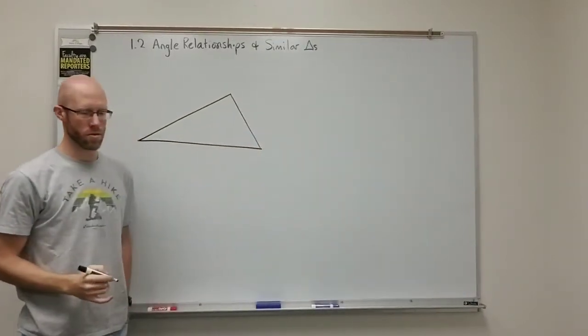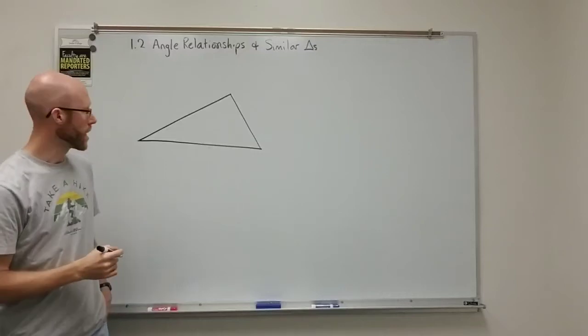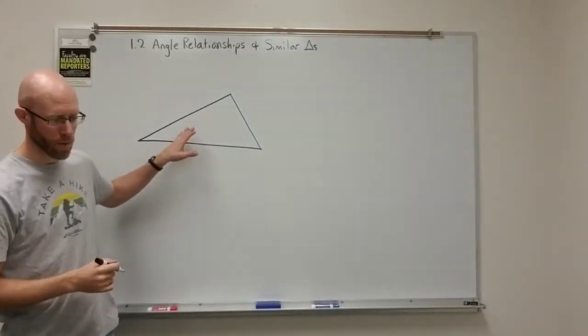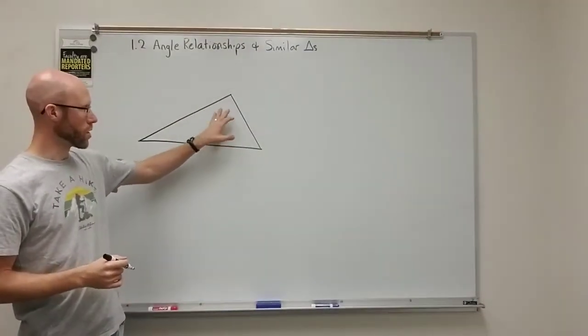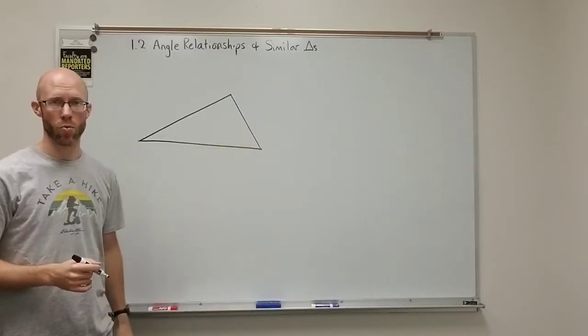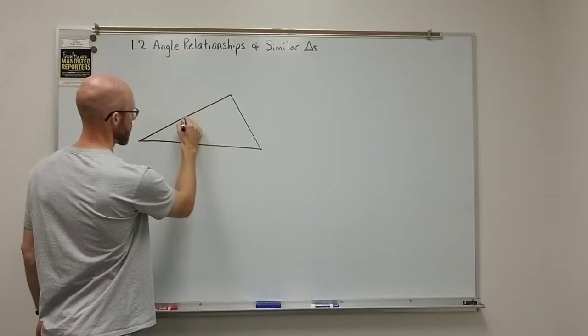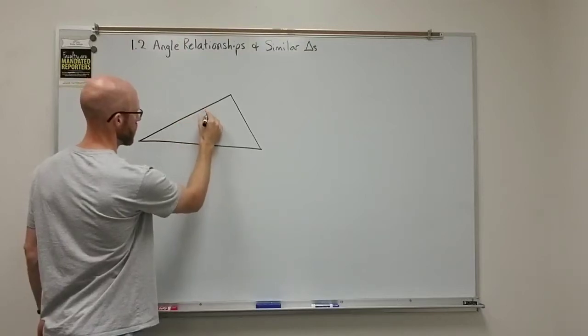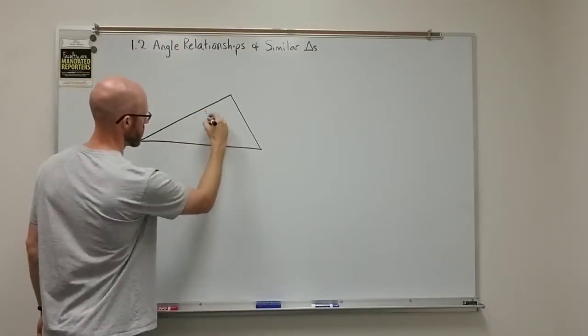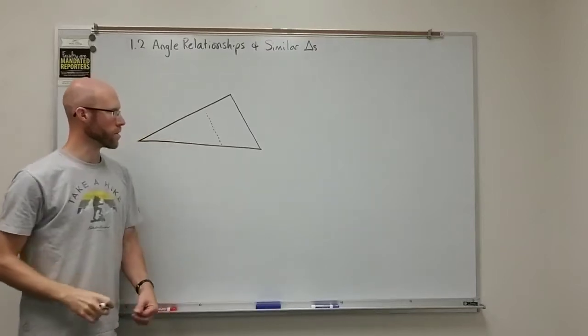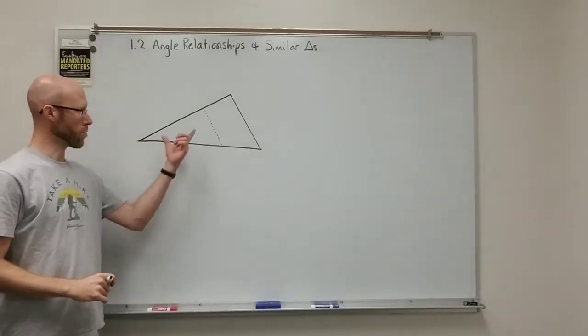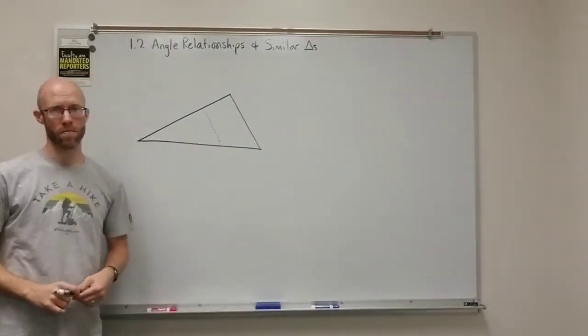Say I draw this triangle, and inside this triangle I put another triangle with a line that's parallel to one of the other sides. Okay, so for instance, you might have one, I'll put it over here. So there's a second triangle inside the bigger one, right? A smaller one inside the bigger one.